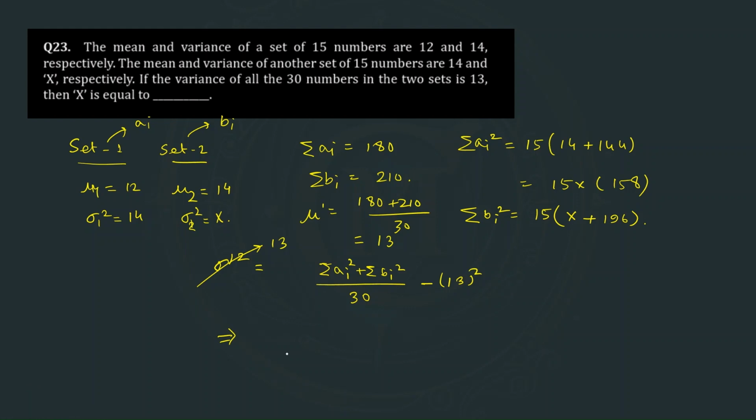So we can write from here that 169 plus 13 times 30 is equal to 15 times 158 plus 15 times x plus 196.